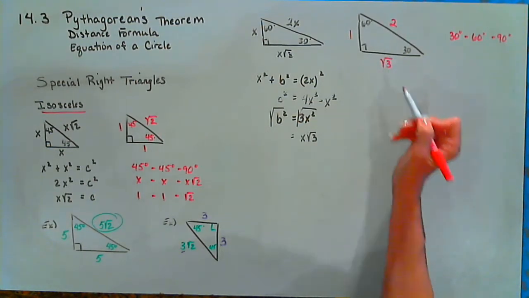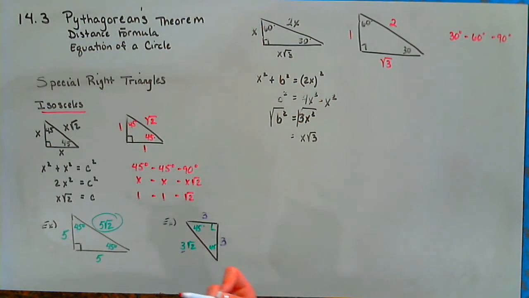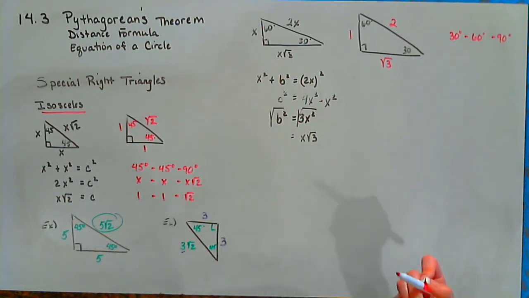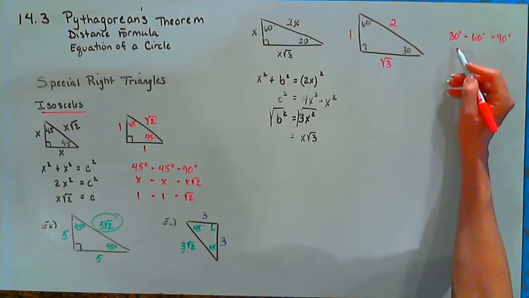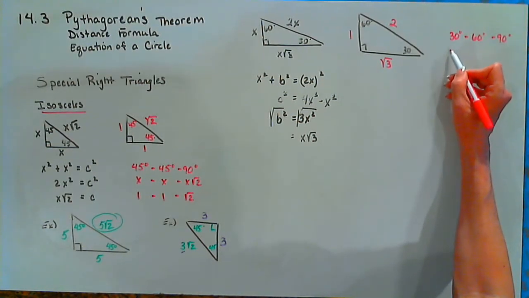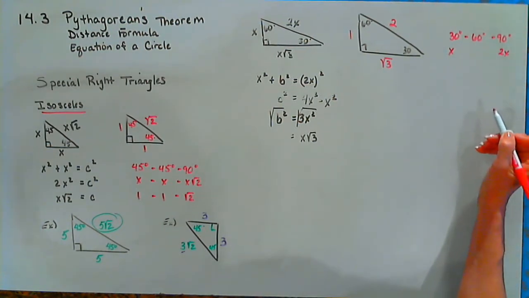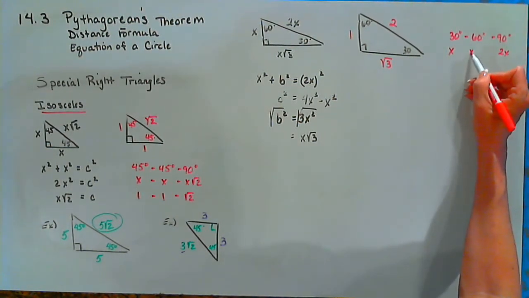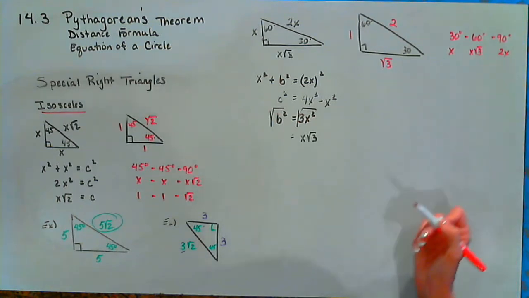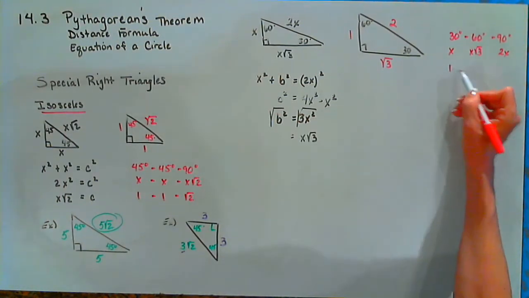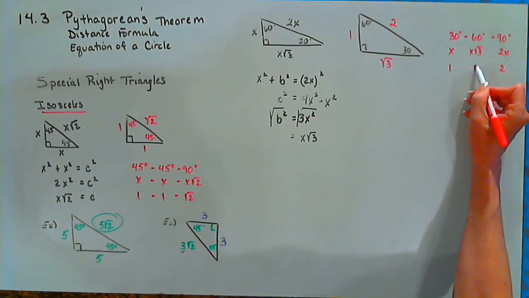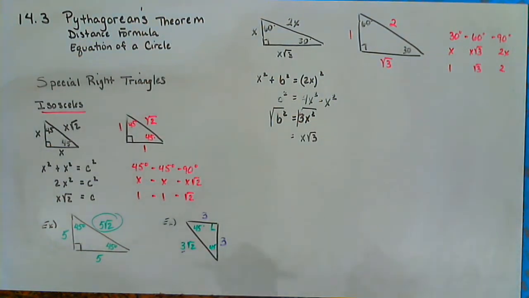The middle number is the square root of 3, which falls between 1 and 2. Or you could write it this way and say 30 degrees is x, 90 degrees is twice that, 60 degrees is x root 3. Or 1 to 2 to the square root of 3 ratio.